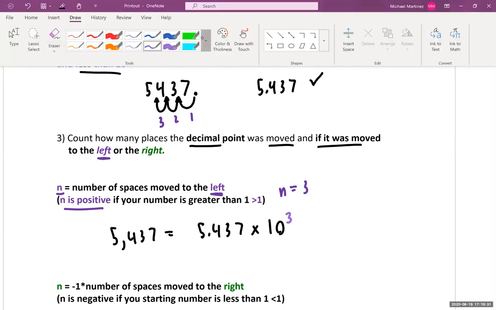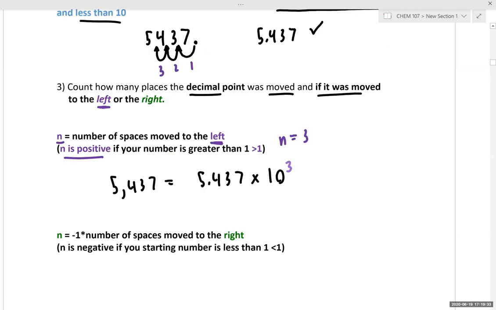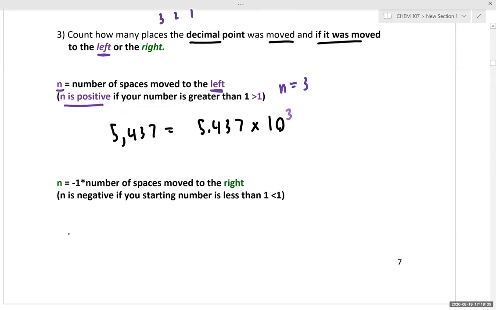Let's look at another example where n is negative. So if we have 0.0347, okay? So let's move our decimal point. So this time I'm moving it one space to the right. Do I have a number between 1 and 10, if I move it one space?